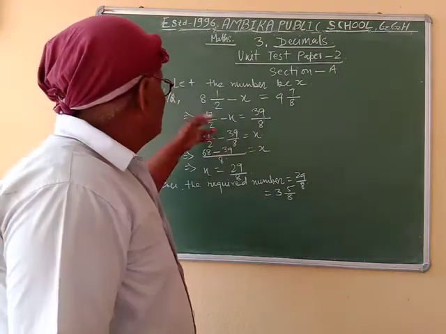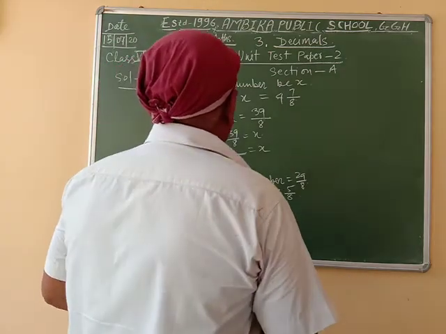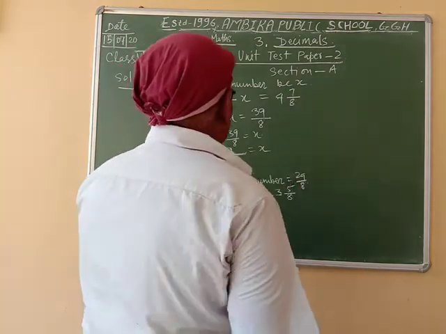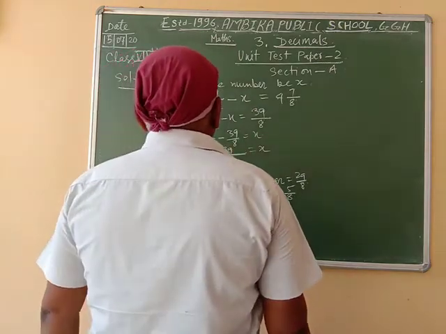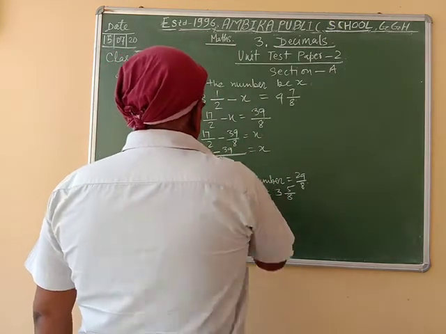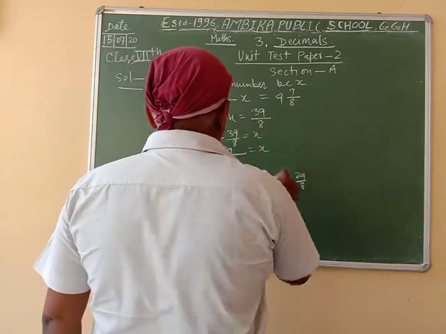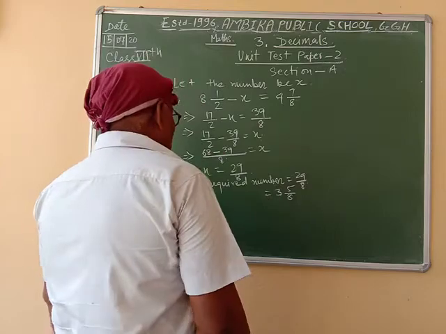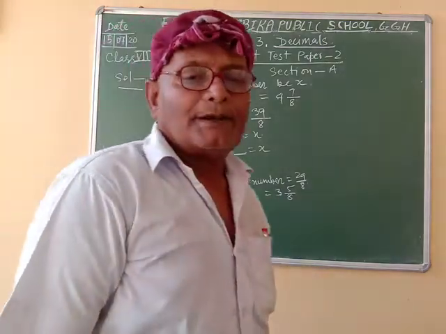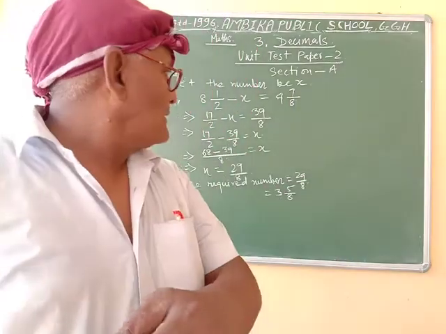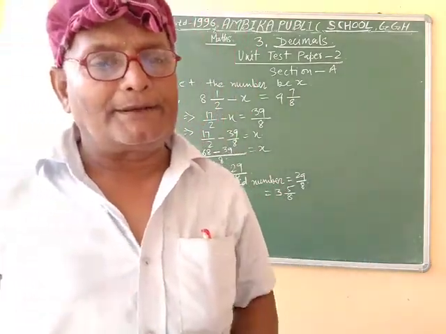So according to the question, 8 whole 1 by 2 minus x is equal to 4 whole 7 by 8, and on transposing, 17 by 2 minus 39 by 8 is equal to x. Therefore, on solving, x is equal to 29 by 8. Hence, the required number is 29 by 8, that is, 3 whole 5 by 8.